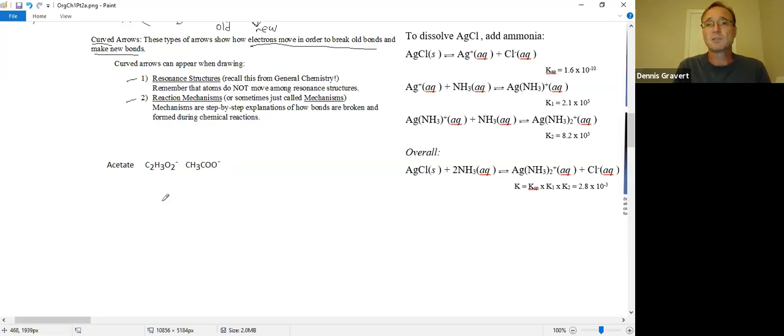And now what I want to do is draw the Lewis dot structure. And it's kind of helpful to have both of these. So the whole molecule, acetate, has 2 carbons. This formula on the right actually tells us how they're connected together.